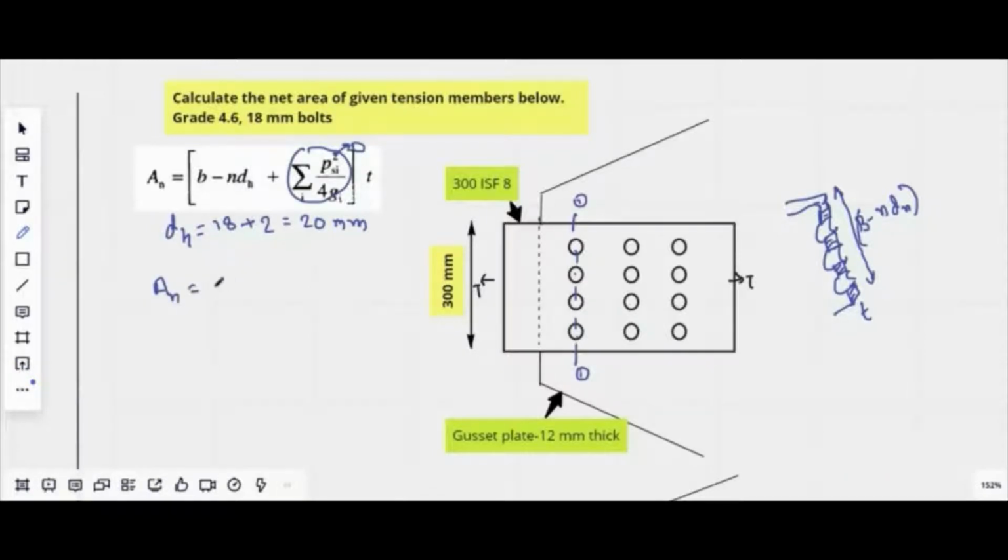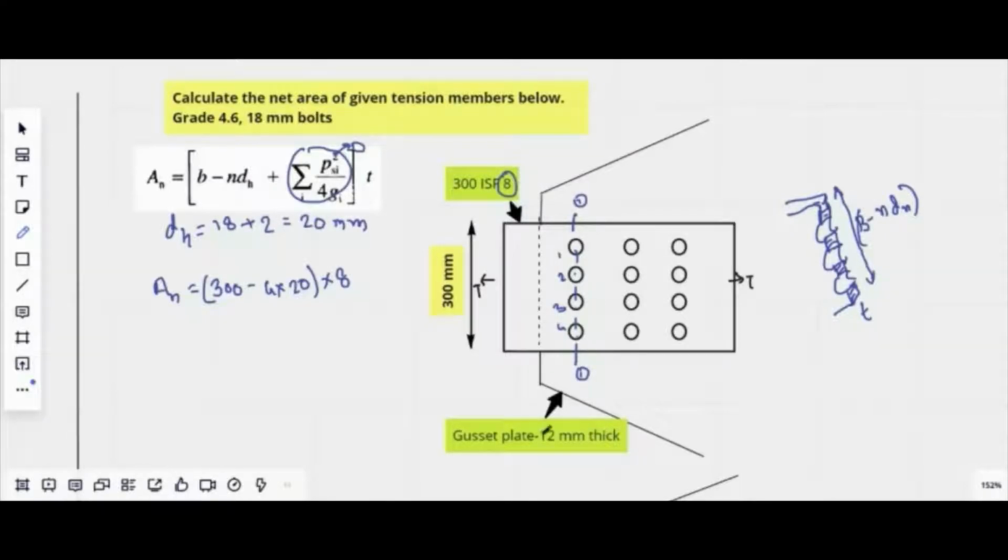An must be equal to 300 minus 4 number of bolts, 4 into diameter of bolt hole, into the thickness, which is 8 mm, the minimum thickness, because the plate having lesser thickness will fail first.